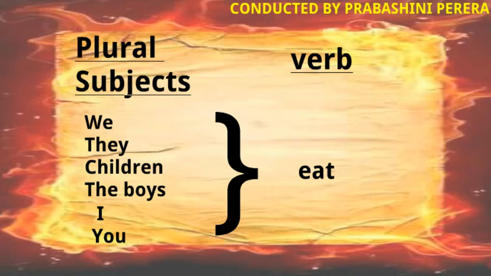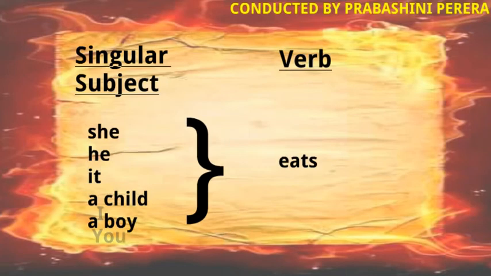Look at these subjects, I and you. We consider I and you as plural subjects. So the verb eat doesn't change with them either. If the subject is singular, we have to add s to the end of the present form of the verb.